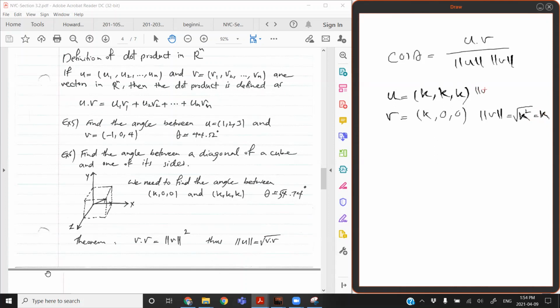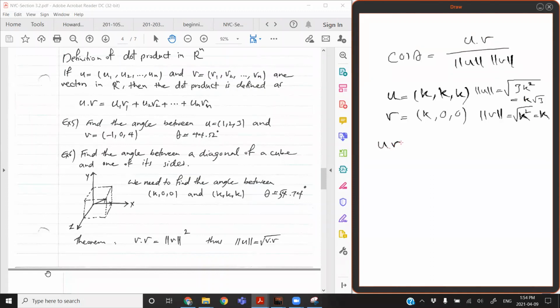Norm of u is going to be the square root of k squared plus k squared plus k squared. So that's actually 3k squared. So that one is going to be k times root 3.